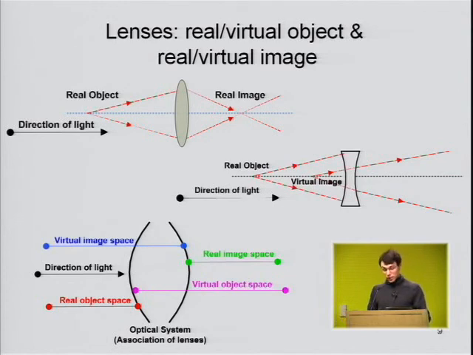And strange as it may seem, we can also have virtual objects, which are going to be able to create real images as well as virtual images. I understand it can be quite confusing at that point, but we'll go into a lot more detail and build all these different configurations later.